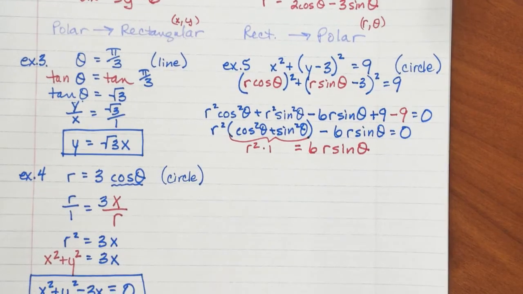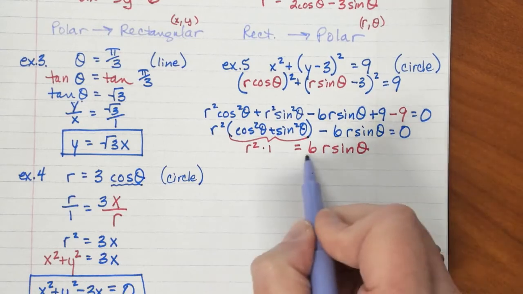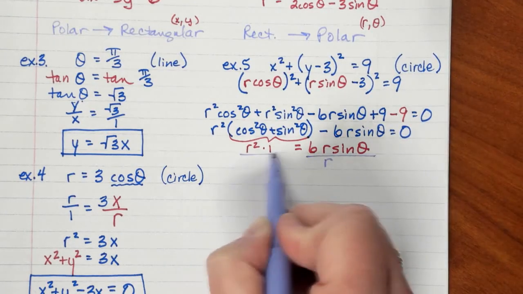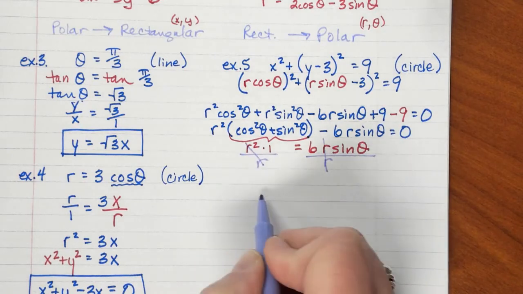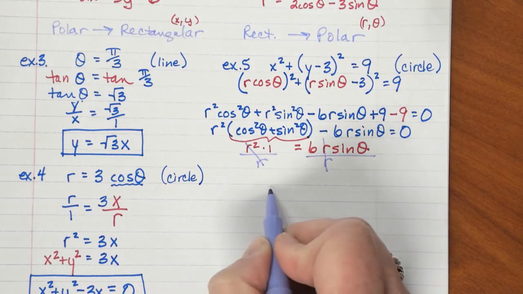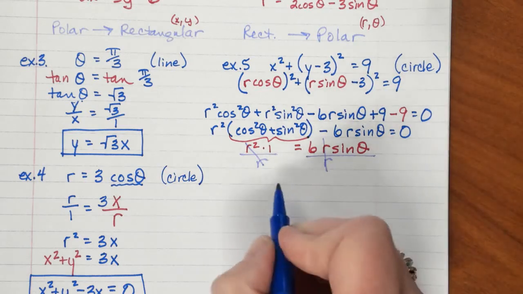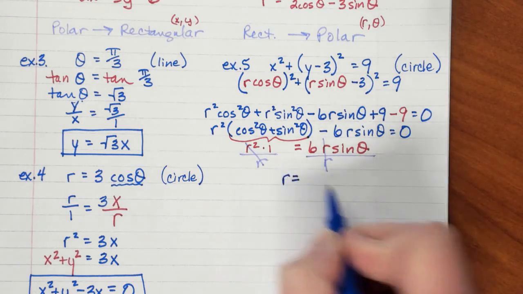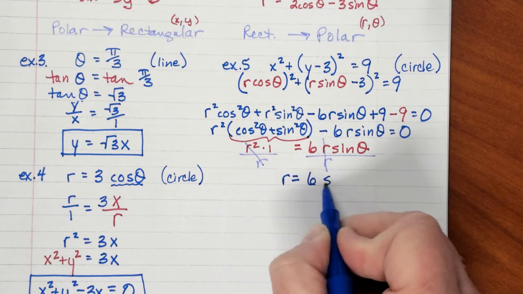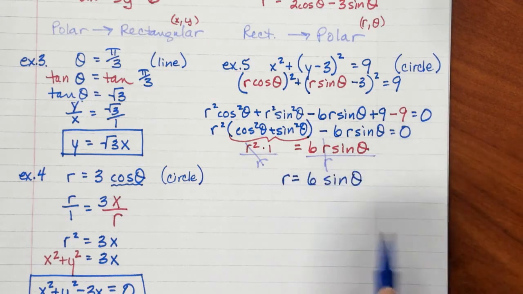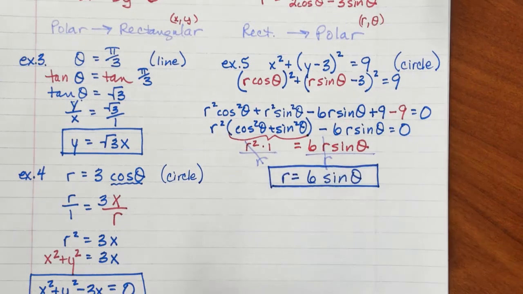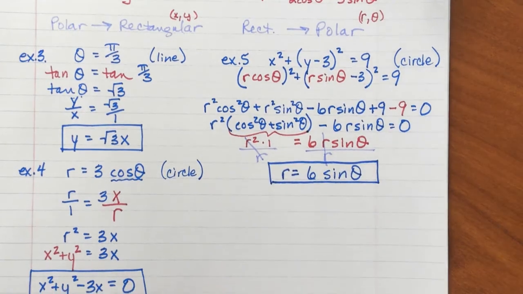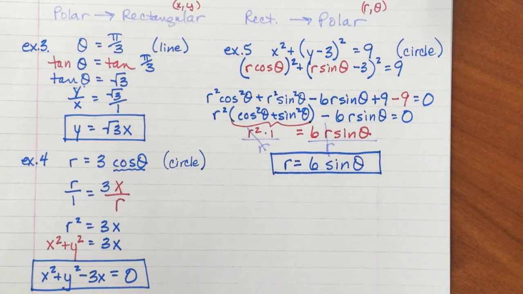So if I divide by r right here and right here, that leaves me with r equals 6 sine theta. And yes, you know that that is also a circle from your lesson in section 9.2. That's a circle that's kind of up off the pi over 2 axis, right?